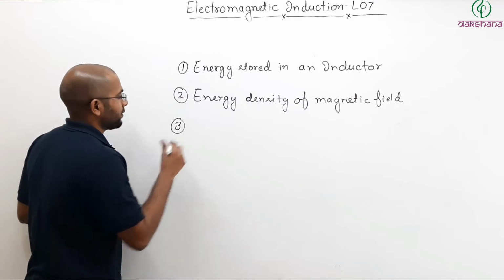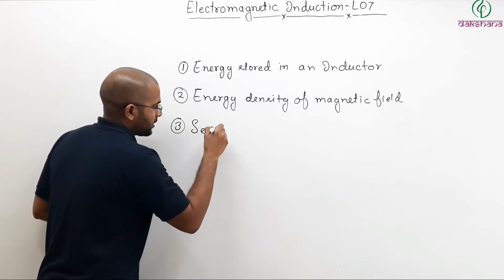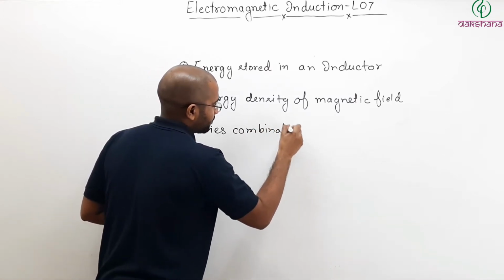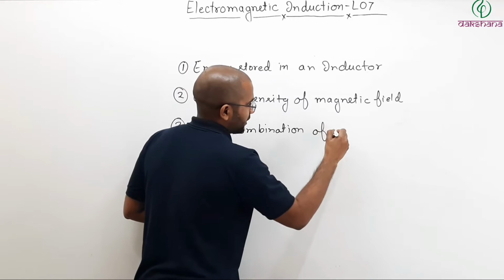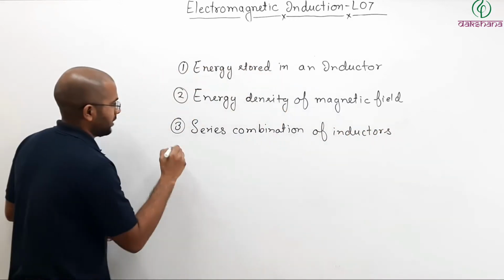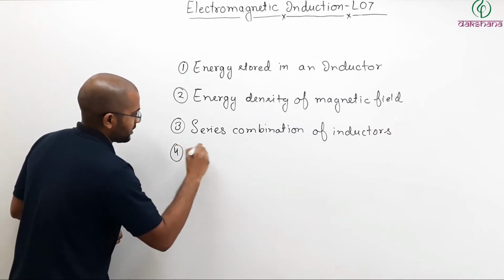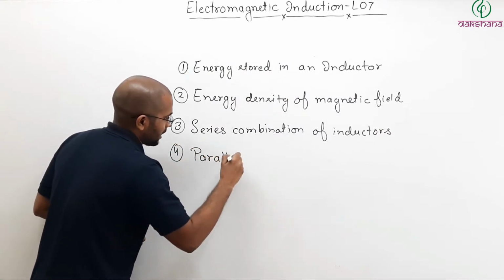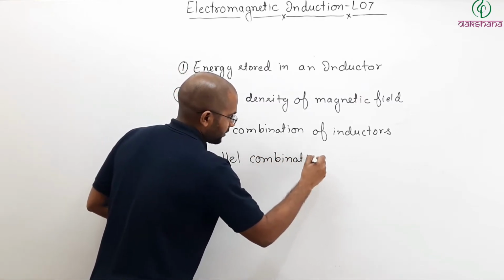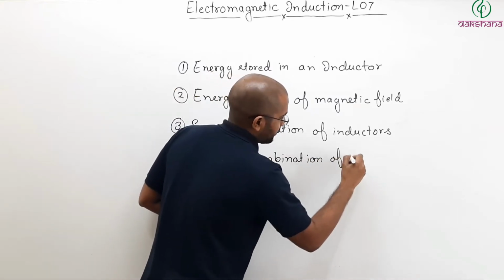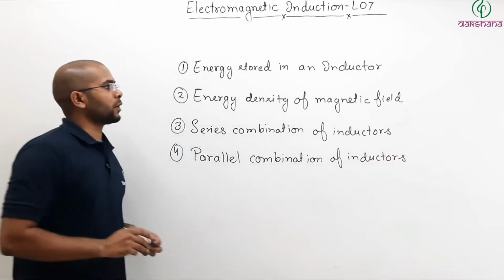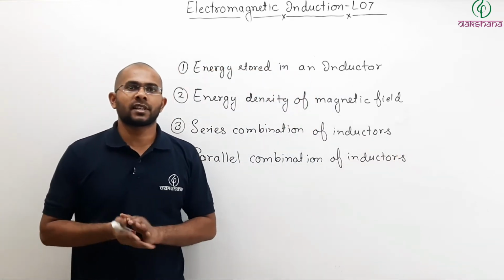So the third topic we will talk about is series combination of inductors, and fourth, you can guess, parallel combination of inductors. So these are the four topics that we are going to discuss in today's lecture.